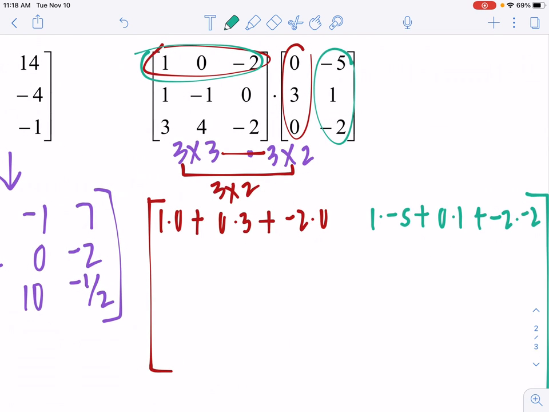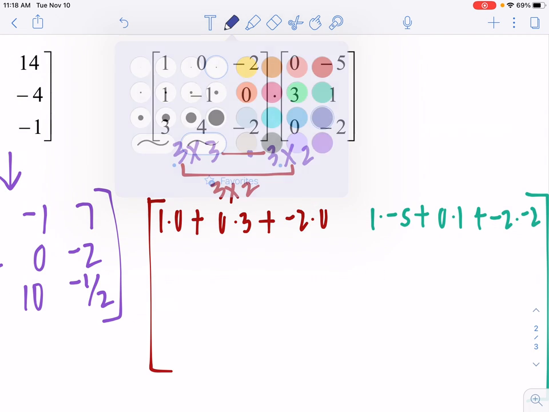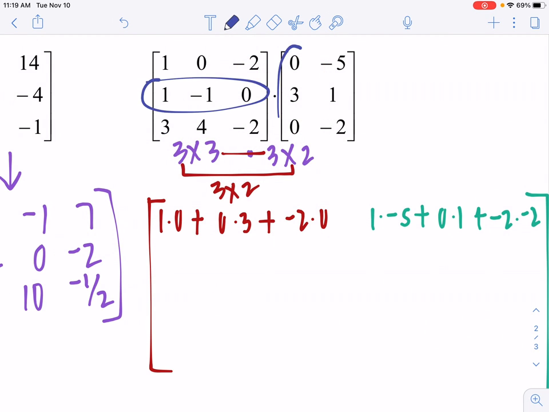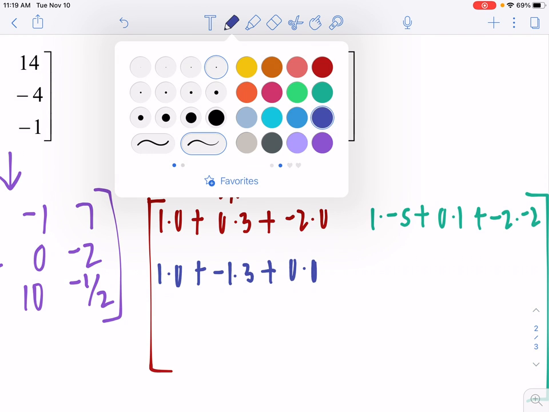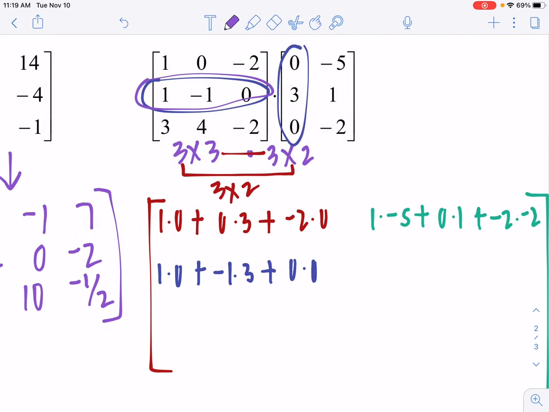Now we're going to move on to second row, first column. 1 times 0 plus negative 1 times 3 plus 0 times 0. Then to get that second column, I'm still going to do that second row, second column. So 1 times negative 5, negative 1 times 1, 0 times negative 2.